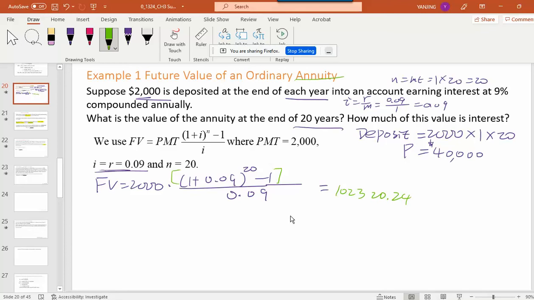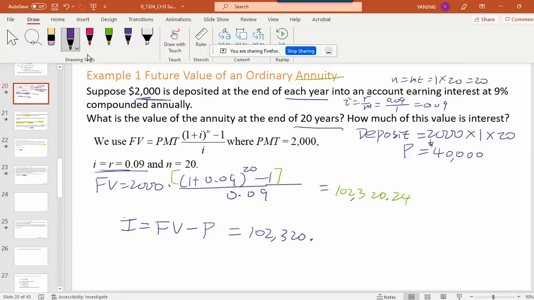So that's the future value. You have $102,320.24. That is your future value. If you keep doing this every year for 20 years, you will have this much money. Okay, and how much is the interest earned? The interest earned here will be the future value, or the total amount, minus the principal, right?